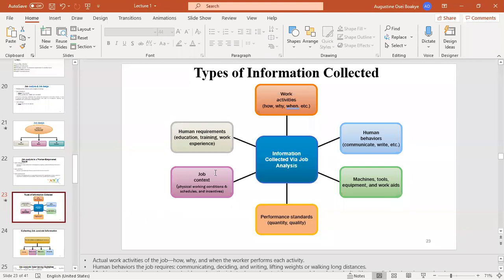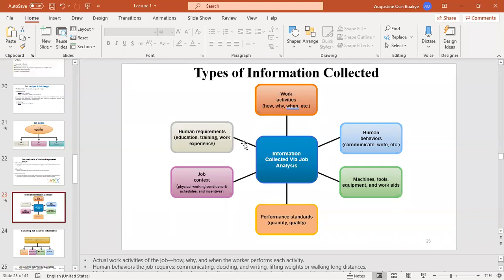But primarily, the job analyst is usually interested in information such as the working activities, which include how the task is performed, why the task is performed the way it is performed, when the task is performed in terms of the reporting line, when you report and when you close, and so on and so forth. So all those fall within the purview of the working activities.